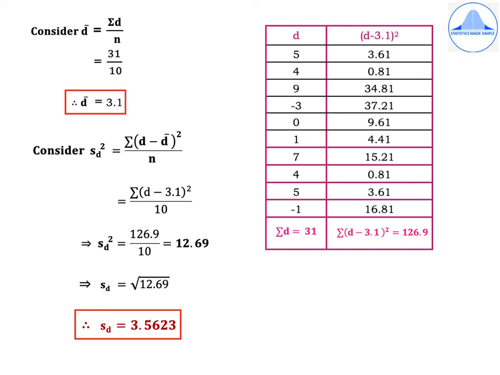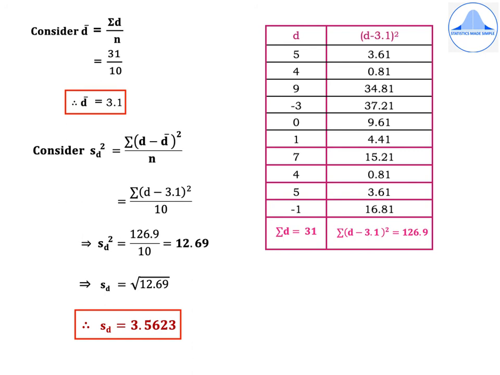The next step is to write the formula for SD square, which is equal to summation d minus d bar the whole square divided by n, which is equal to summation d minus 3.1 the whole square divided by 10. So in the table, the second column formed is d minus 3.1 the whole square. Take the first value 5, subtract 3.1 from it, and then the resulting value is squared, which gives 3.61.